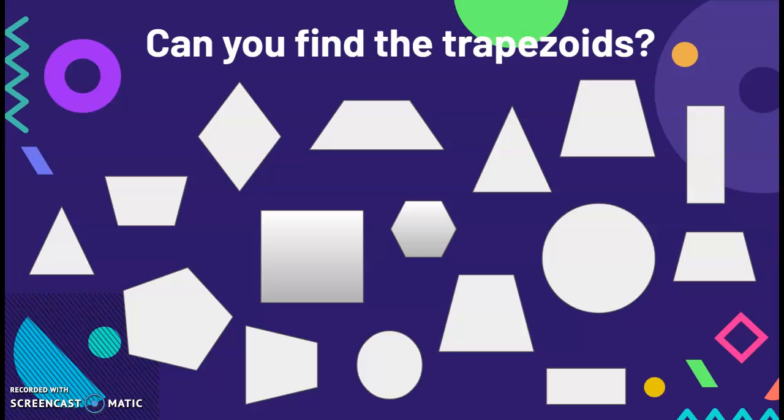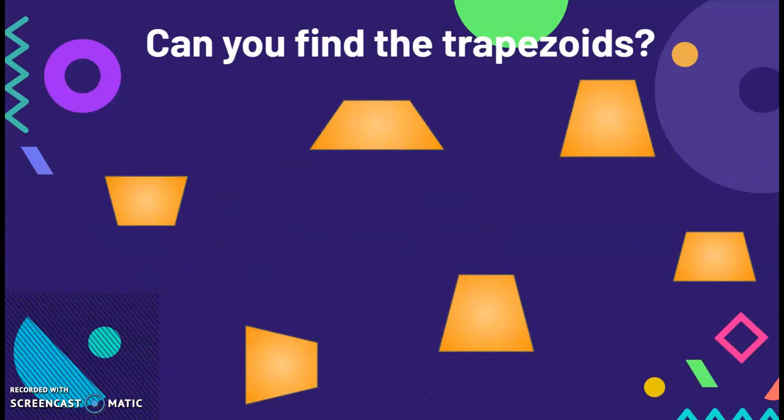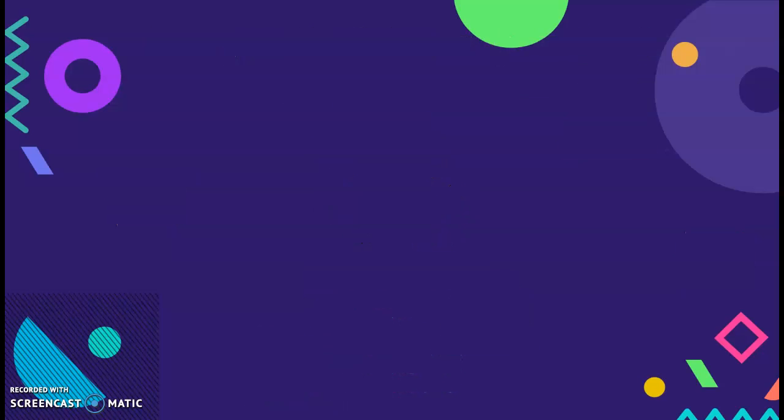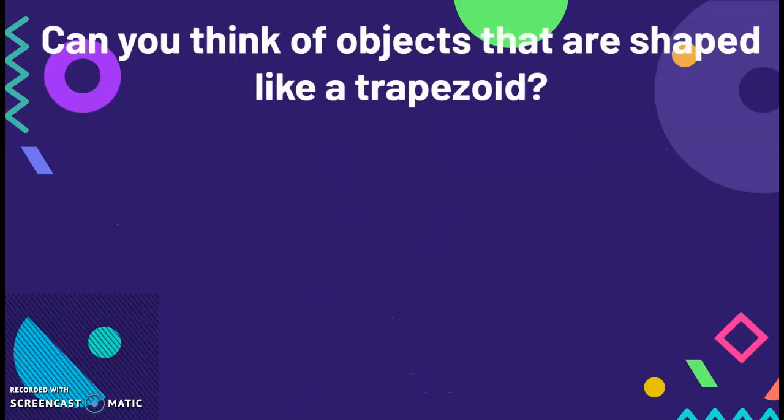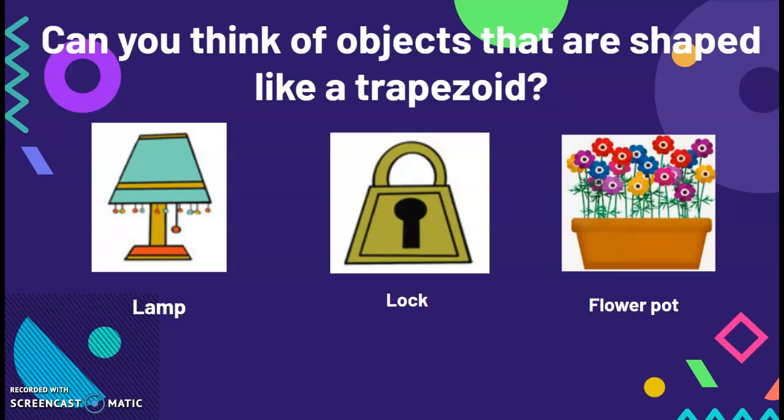I think I count 6. Okay, let's see if you got them all. And 6. Fantastic! You did it, my friends. Bravo. Can you think of objects that are shaped like a trapezoid? A lamp, a lock, and a flower pot.